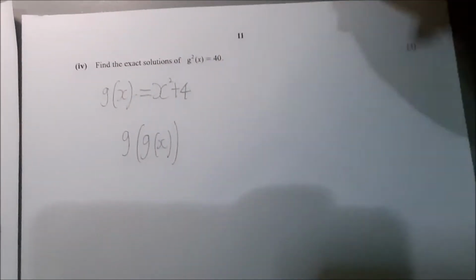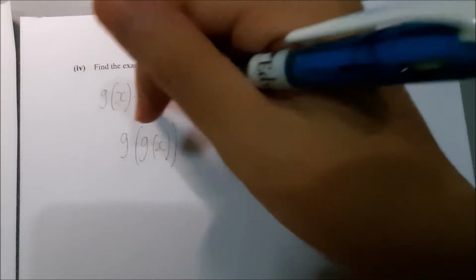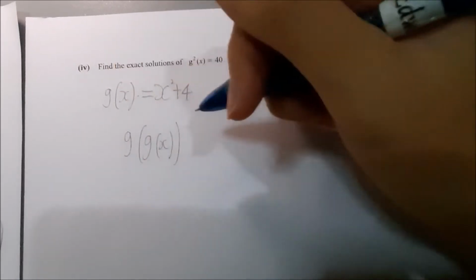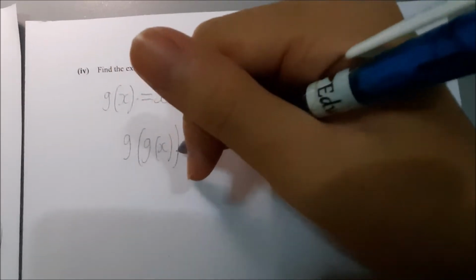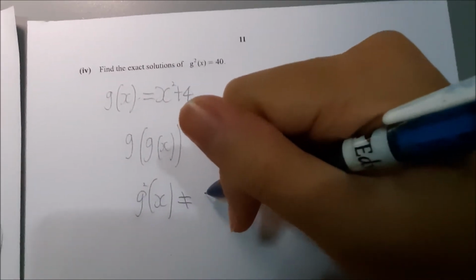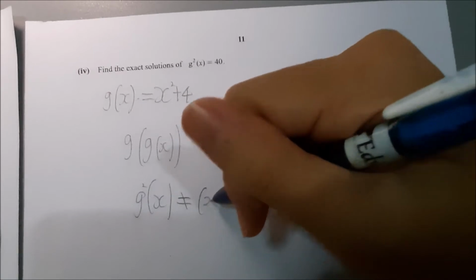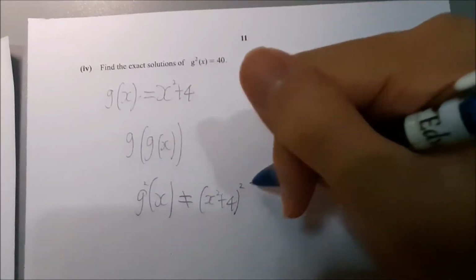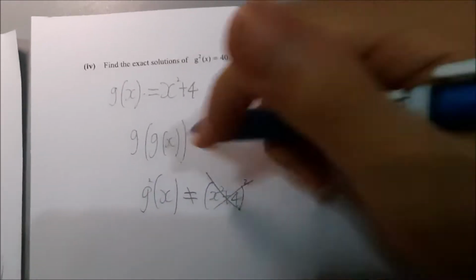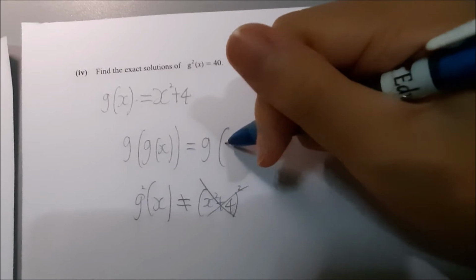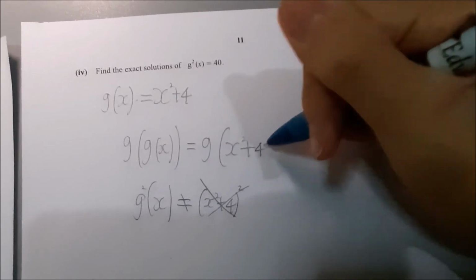It's like the function is inside the function. Does that make sense? So g squared x does not mean, for example, x squared plus 4 squared. It does not mean that. It means g(x squared plus 4).